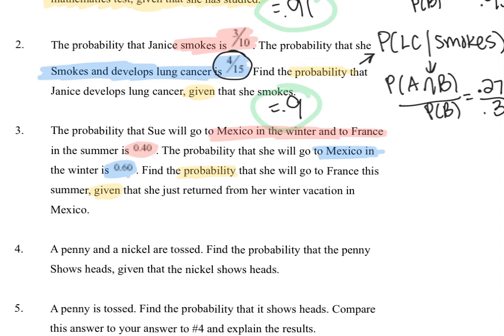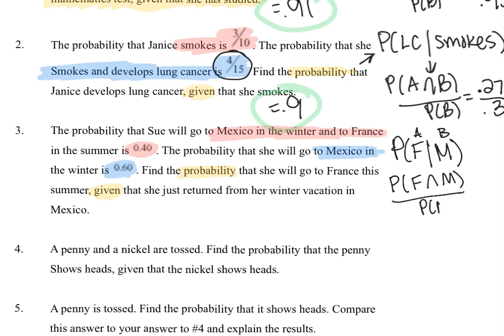All right, so again, probability. I'm going to rewrite my question as a probability statement: the probability that she will go to France given that she just returned from Mexico. Okay, so France is my A, Mexico is my B. So the probability of France and Mexico divided by the probability of Mexico.